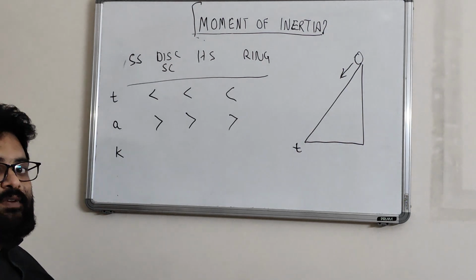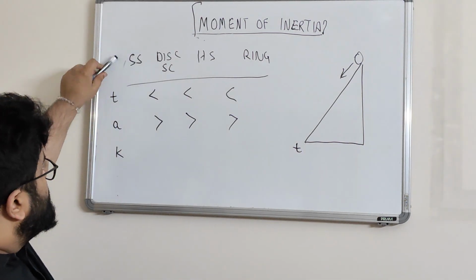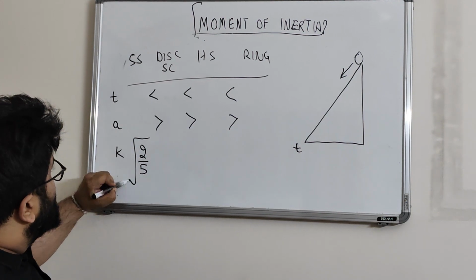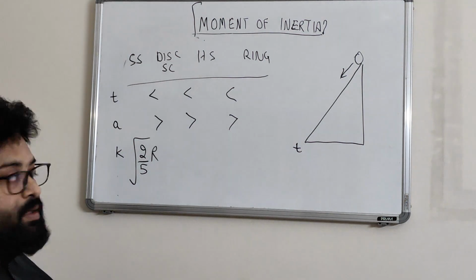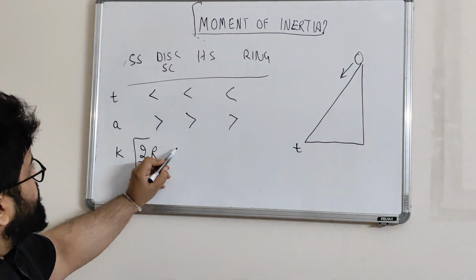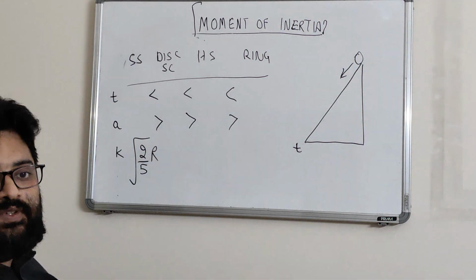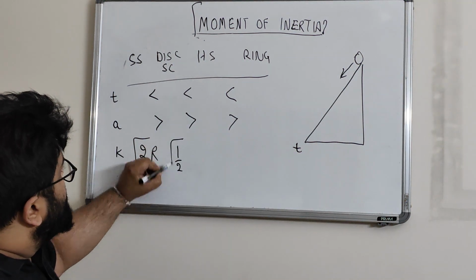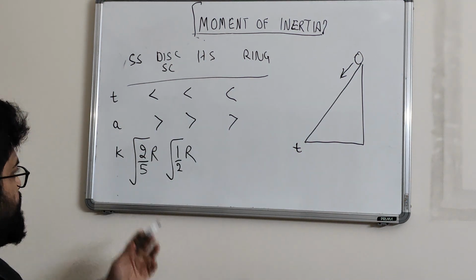What will happen to the radius of gyration? So for the solid sphere, this is root of 2 by 5 r. For the disk, what is it? It was mr square by 2. So therefore it becomes root of 1 by 2 r. But we can't really compare this.